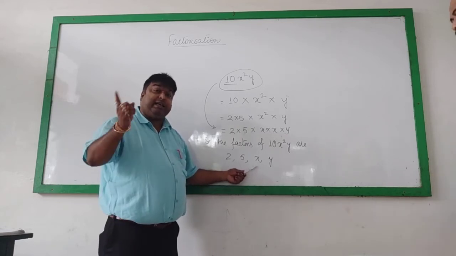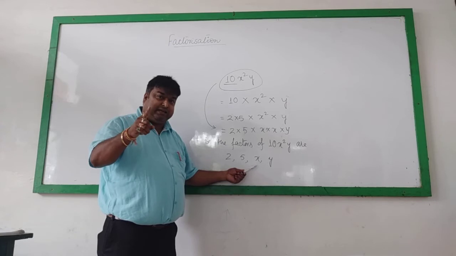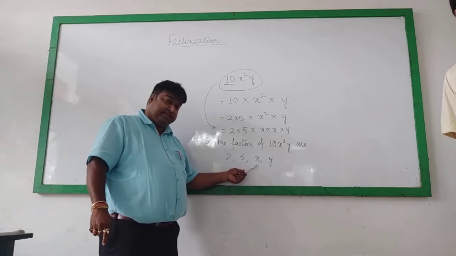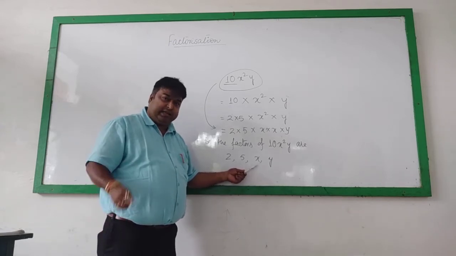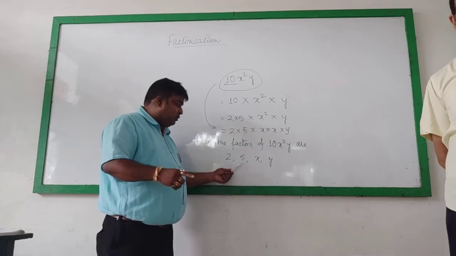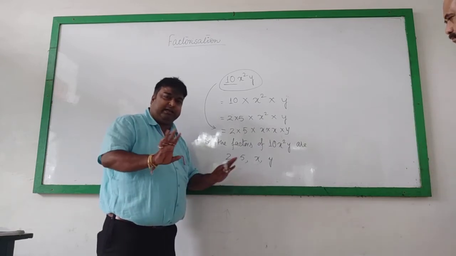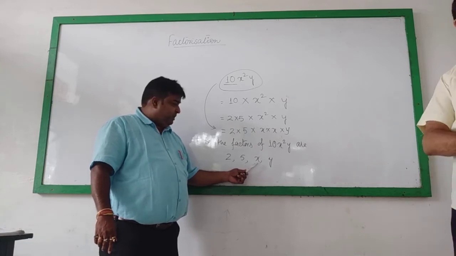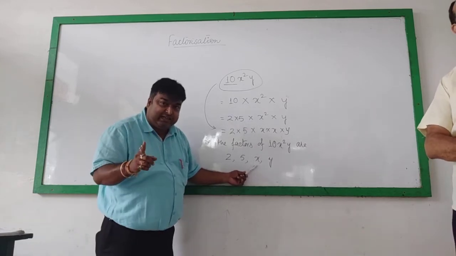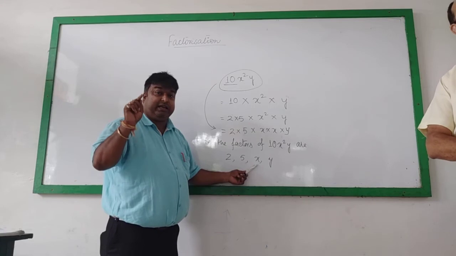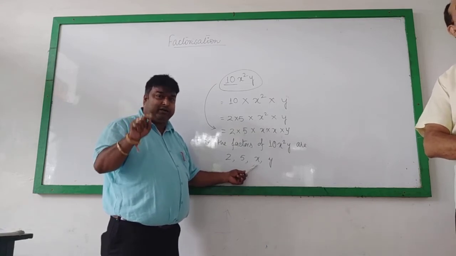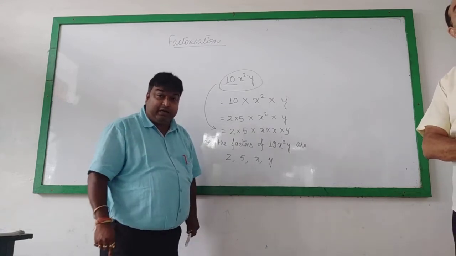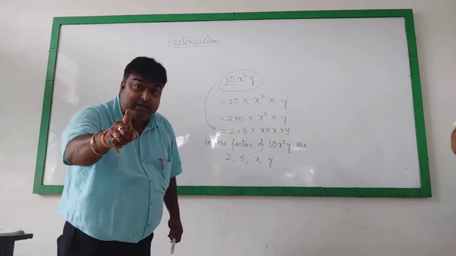But at the same time, when you are dealing with x as a factor, the others, 2, 5, y, are alright. The confusion starts with x, isn't it? If you write a single x, that means only x is the factor of 10x square y. But x square is also a factor of 10x square y.